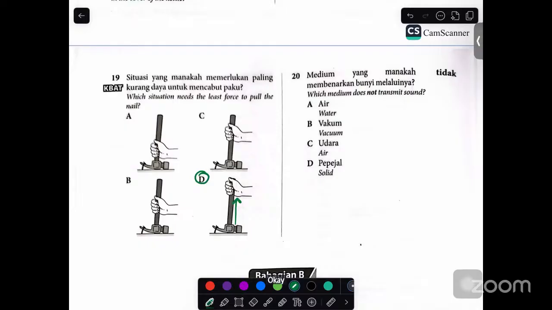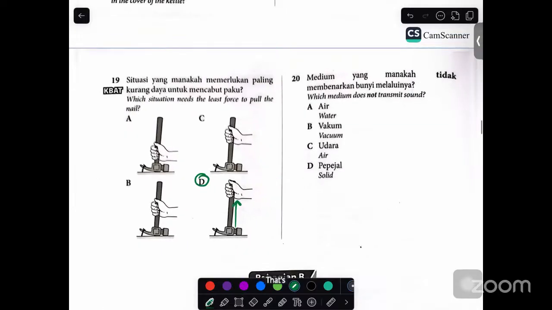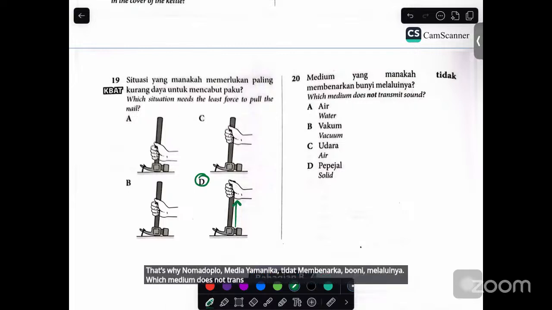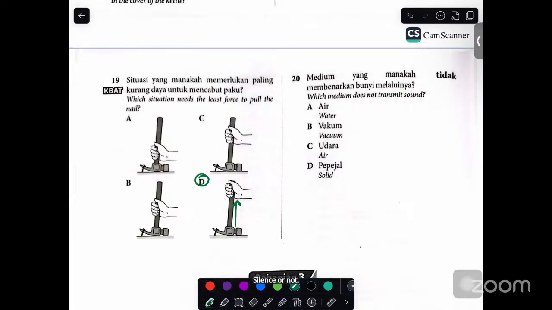Okay. Alright. Last one, nombor 20. Medium yang manakah tidak membenarkan bunyi melaluinya? Which medium does not transmit sound? Sangat senang. Memang tak ada sound. No sound can travel.